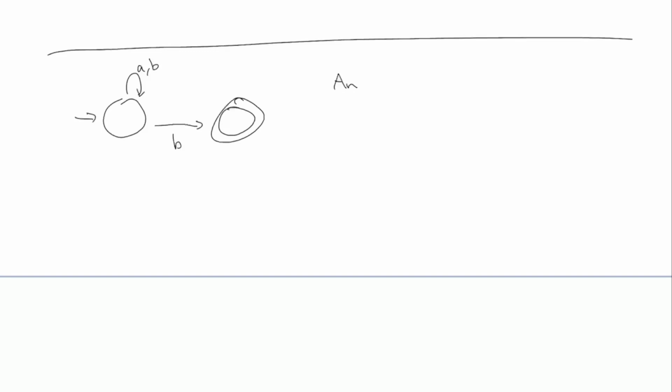In an NFA, you can have any number of outgoing arrows in each state. Like I said before, you could have double arrows with the same labels on them, or you can have zero arrows. Like here, there are no outgoing arrows at all, and that's okay. There could be an outgoing A but not an outgoing B. An NFA can have any number of outgoing arrows from each state.